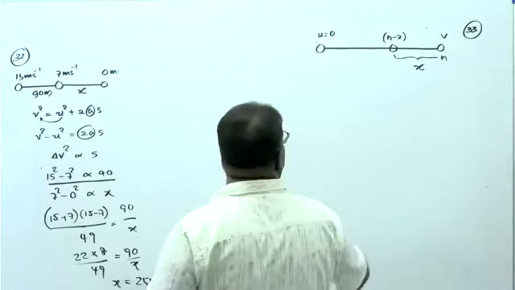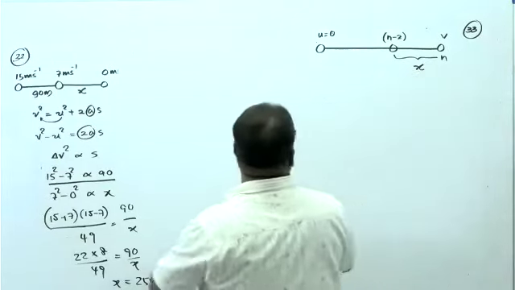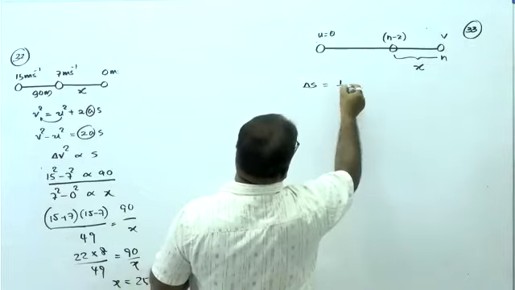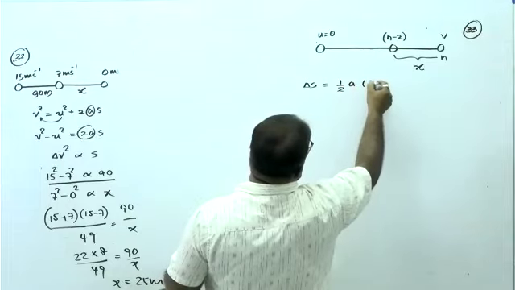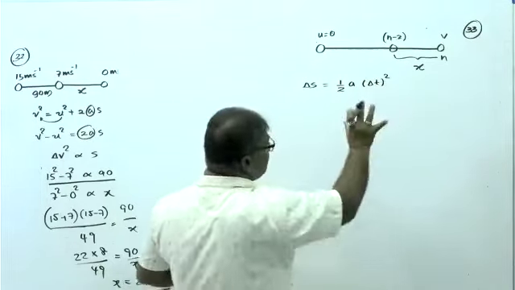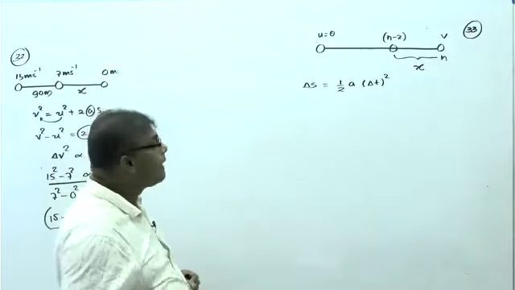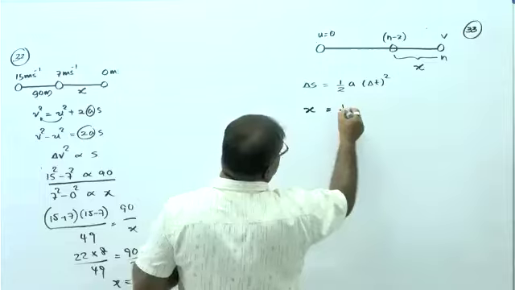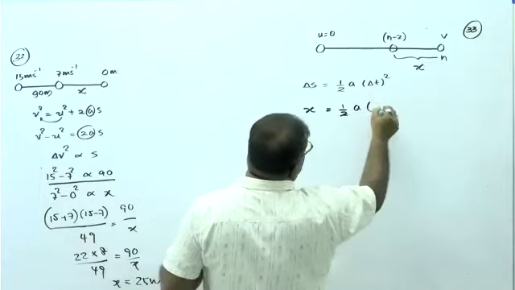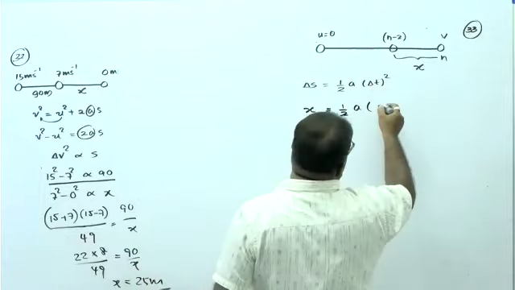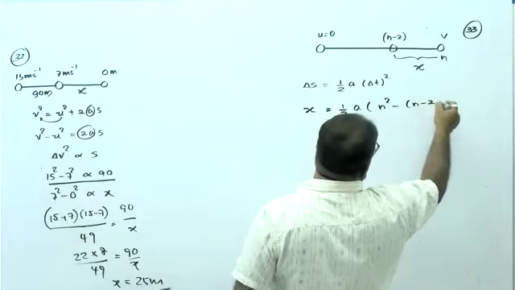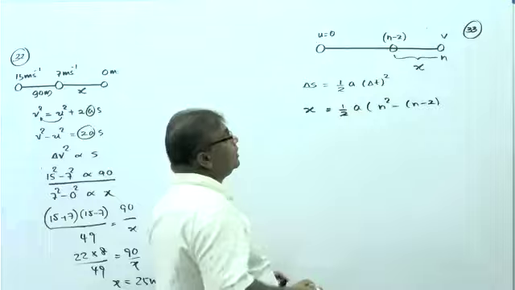Enough time. We need this one now. Then you can say delta s equals half a delta t squared. Directly you can apply this one, right? So delta s is x, that's what they need: half acceleration a times delta t, meaning n squared minus (n minus 2) squared, before 2 seconds.